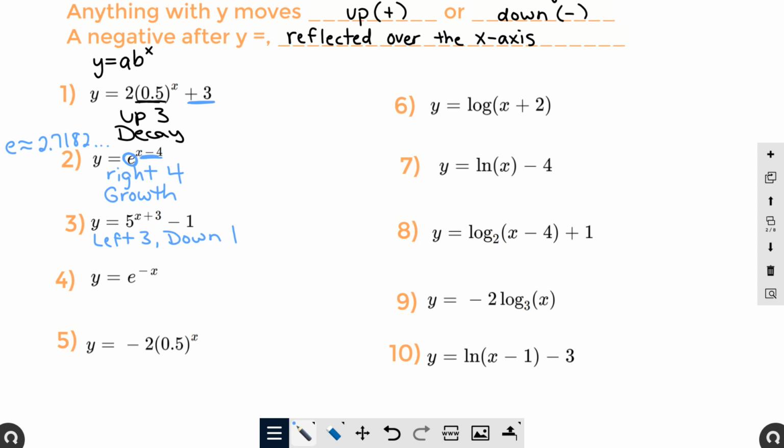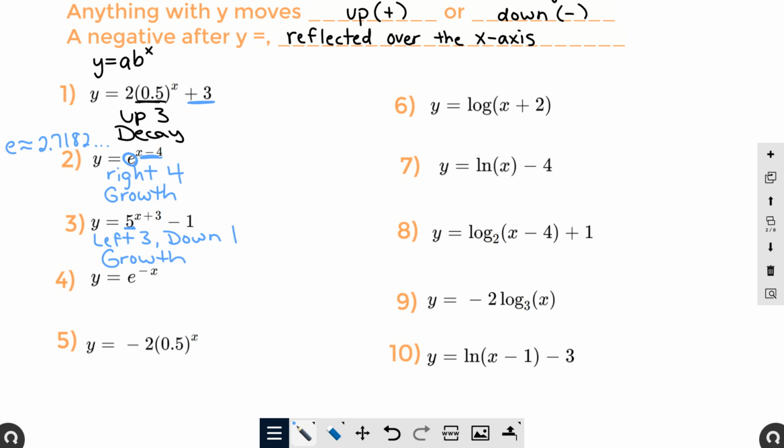If we move left and move down, is that going to change it being a growth or a decay? No. So this one, our base is 5, so that is a growth. Well, what does change it? Let's see in the next couple of examples. Yes, a reflection would change it.